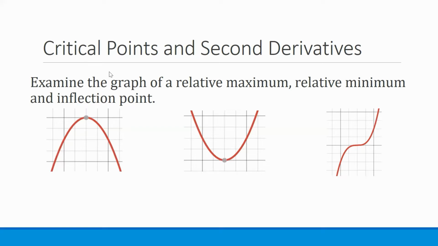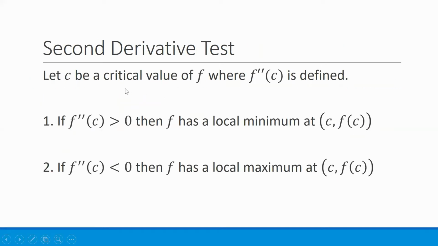If we have a critical point on a continuous graph, then we can use the second derivative to figure out whether that critical point is a relative maximum, a relative minimum, or whether that critical point happens to be an inflection point as well. This is what's known as the second derivative test.